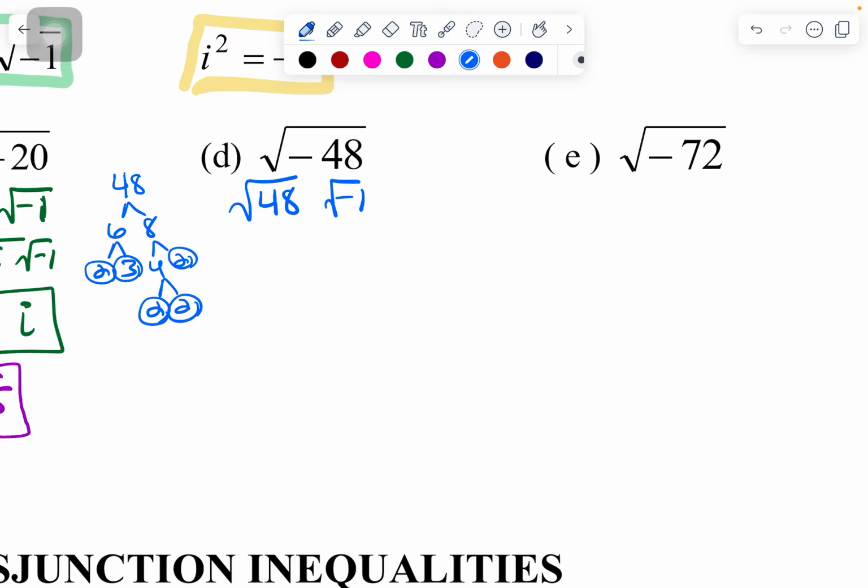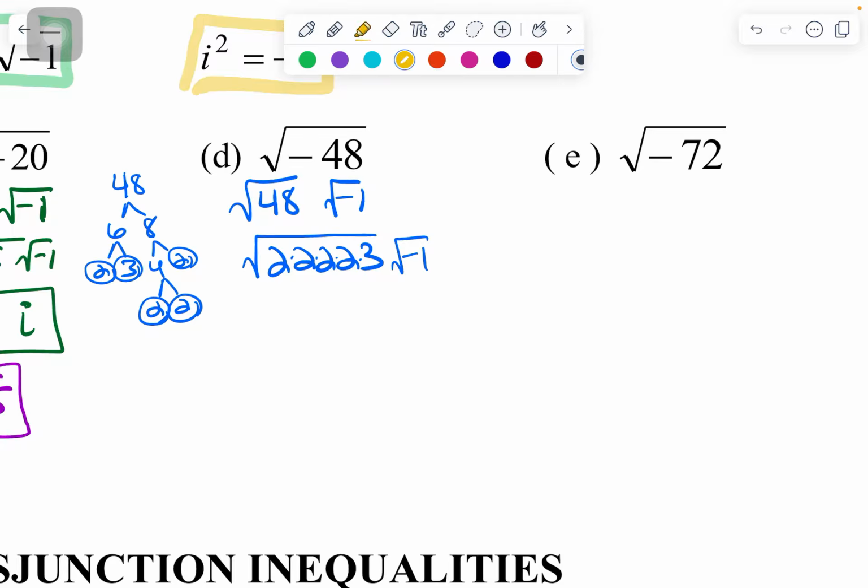That is a lot of 2's and a little lonely 3 floating around. So we've got four 2's: 2, 2, 2, and 2, and then the 3. Multiplication dots between those, and the square root of -1.